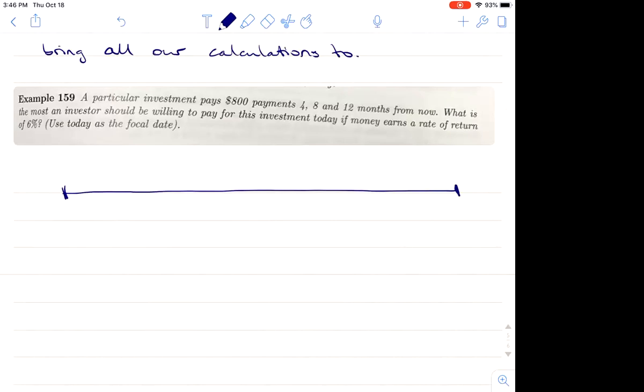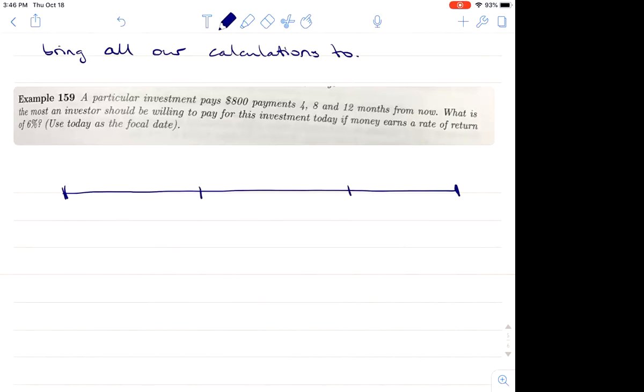And then we have a tick at 4, 8, and 12 months from now. So we've got 4 ticks in total. The spacing doesn't matter on here. It's just for visualizing what's going on. I just try to make them as evenly spaced as possible, but it's hard.